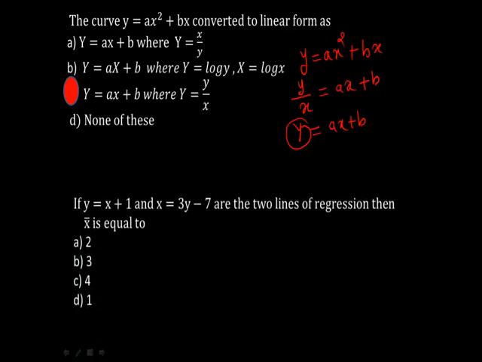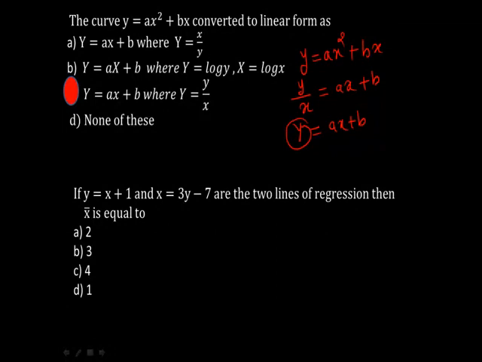The next question says that if y is equal to x plus 1 and x is equal to 3y minus 7 are the two lines of regression, then x bar is equal to what? x bar is nothing but the mean of x. How will you obtain the value of x bar if the two lines of regression are given? We know that the two lines of regression pass through the point x bar, y bar.